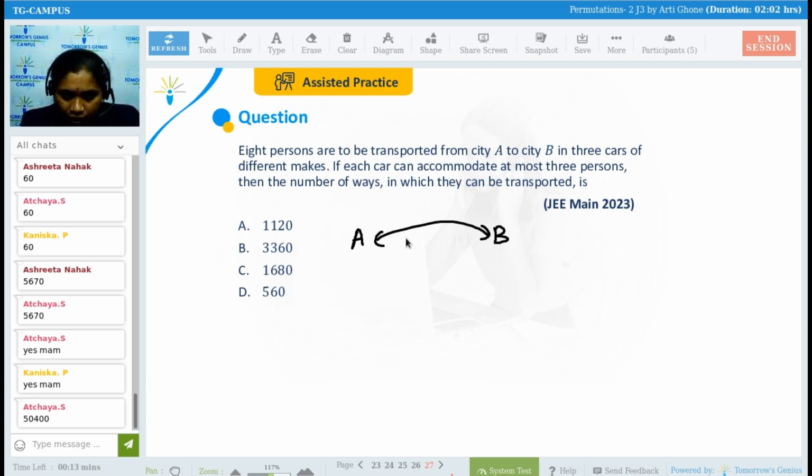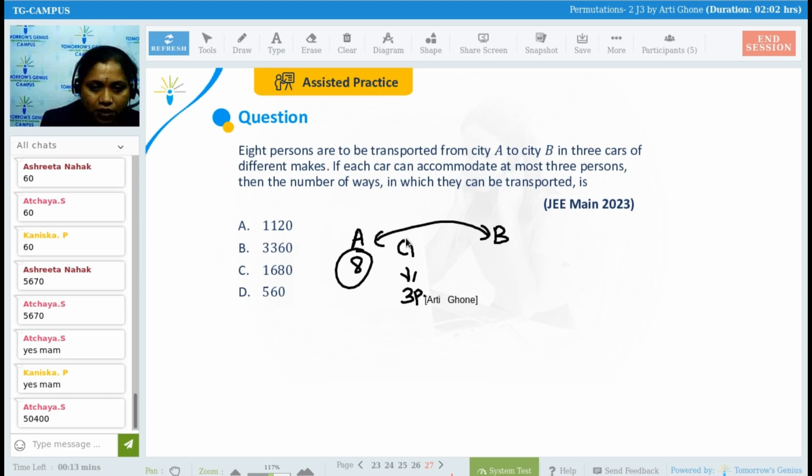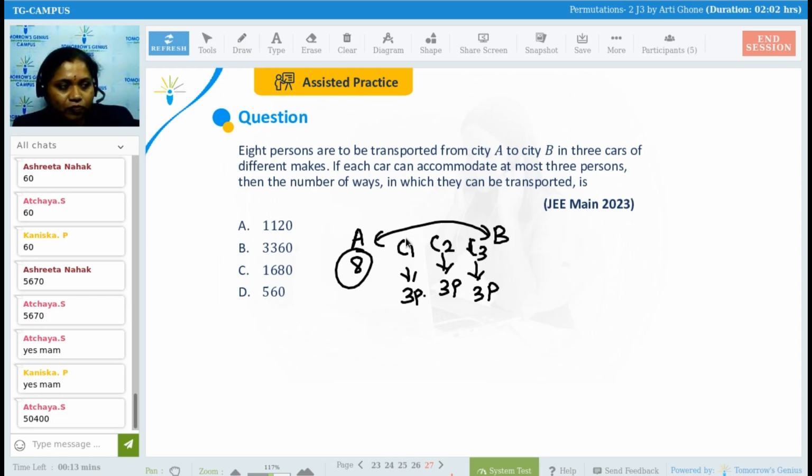Now if each car can accommodate at most 3 persons, C1 has capacity of 3 persons, C2 has capacity of 3 persons, and C3 has capacity of 3 persons. Clear? So find the number of ways in which they can be transported.